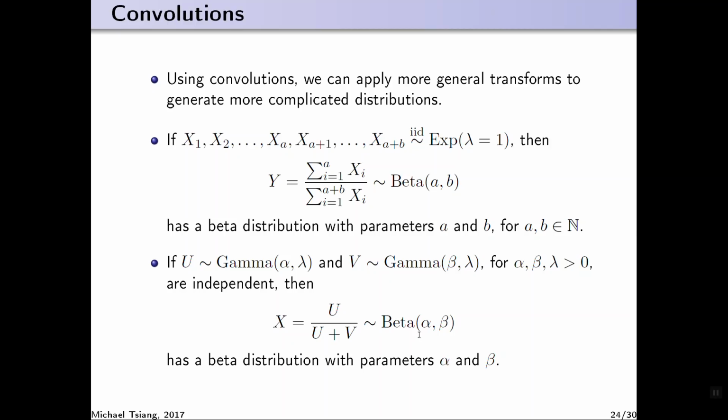And what is a beta distribution? It's the conjugate prior of the binomial distribution, if that means anything to you guys. So you know the beta and the binomial.